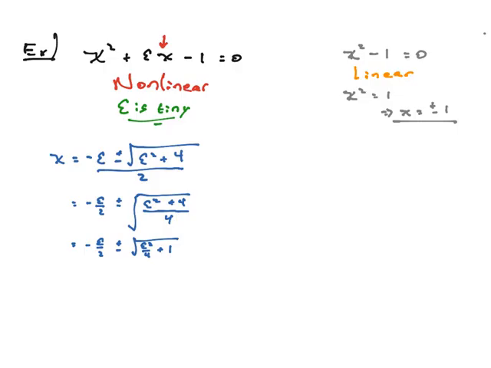Now, why did I want to do that? Because if we look at this, remember, epsilon is a very small number. This is basically 1 plus a very small number to the 1/2 power. Right? Square root of 1 plus epsilon squared over 4 is 1 plus something very small to the 1/2 power.